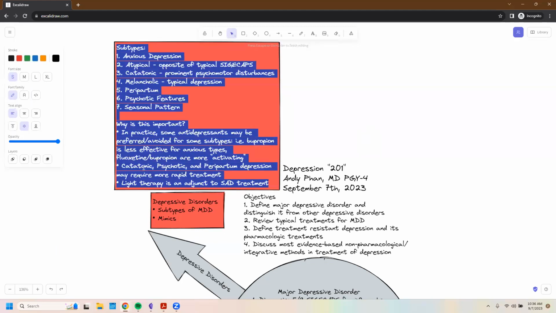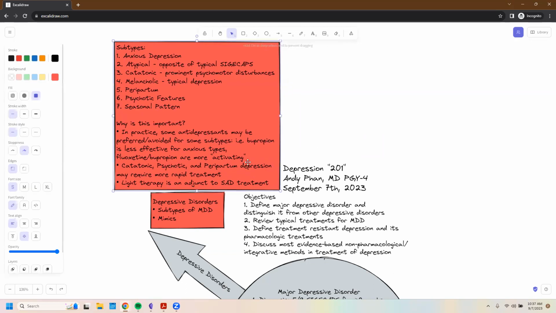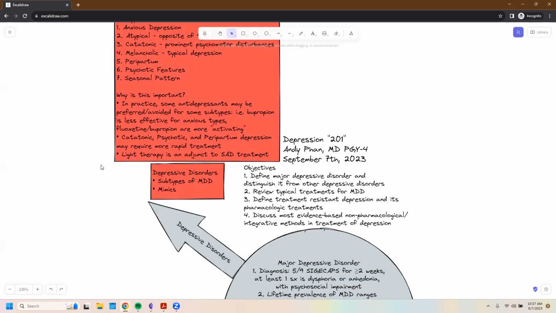Catatonic is more of the psychomotor agitation, having difficulty getting thoughts out, and you would see this more in the hospital. With psychotic features, you would want to start an antipsychotic or refer to a psychiatrist. Peripartum depression we can talk about a little later.